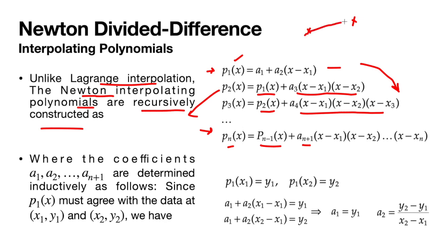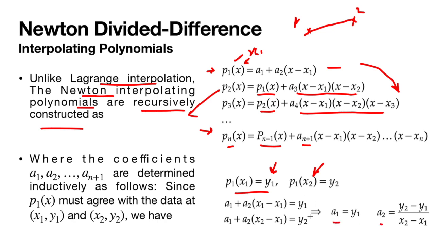If we put x1 in place of x, we must get the value y1, because we are saying it passes through that point. Similarly, if we put x2, it must be equal to y2. So we can use these equations to find the values of a1 and a2.